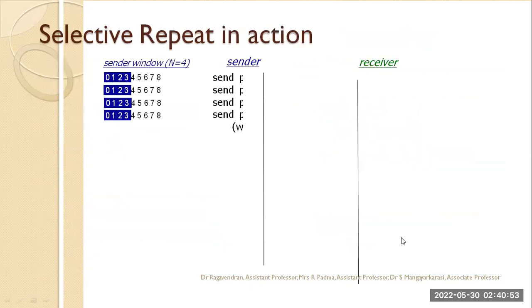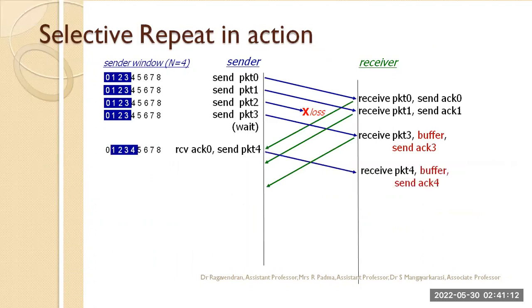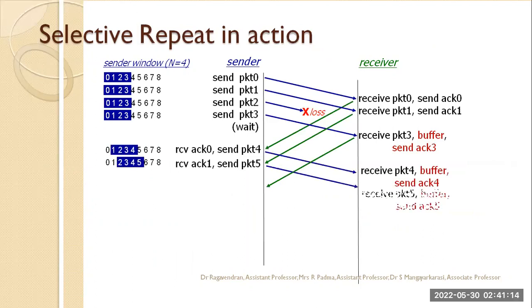So the sender and receiver side, see here. The sender is sending the information and the receiver is receiving the information at the other end as packets. This is the acknowledgement of the information sent and received. If not, see here, acknowledgement 3 is not received.